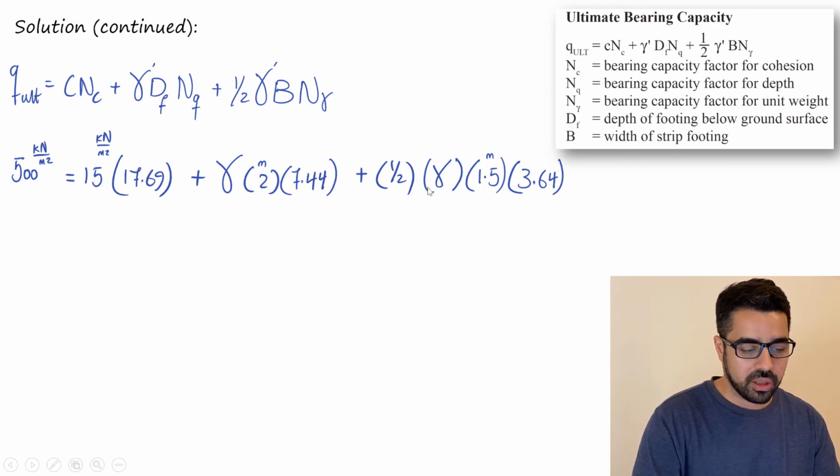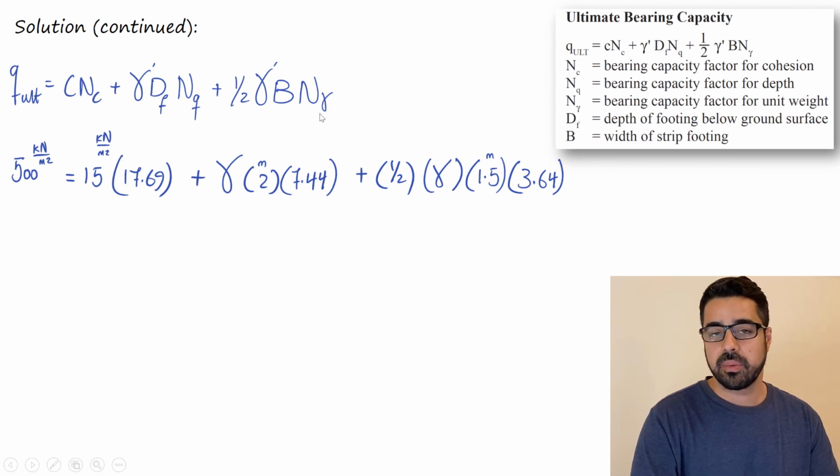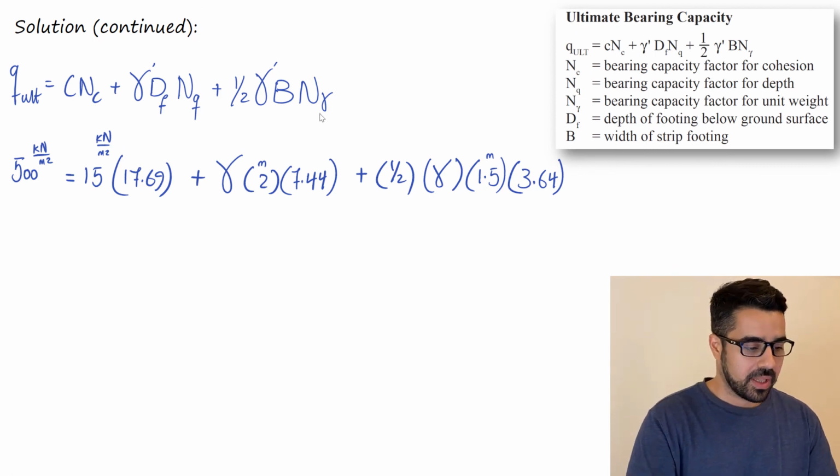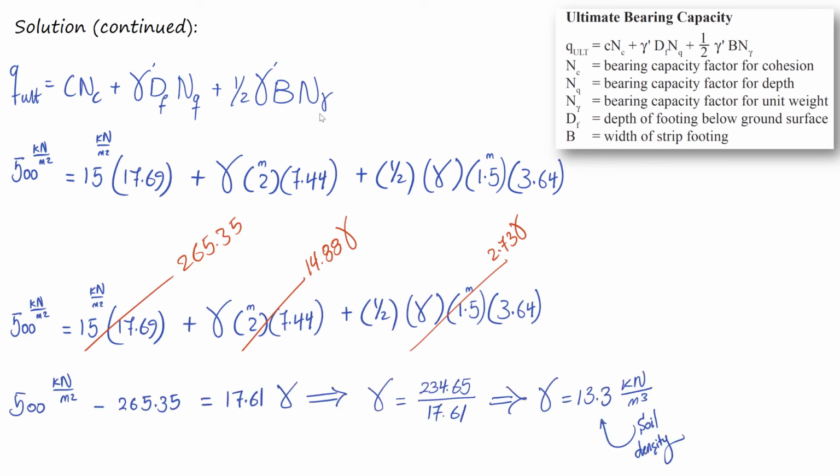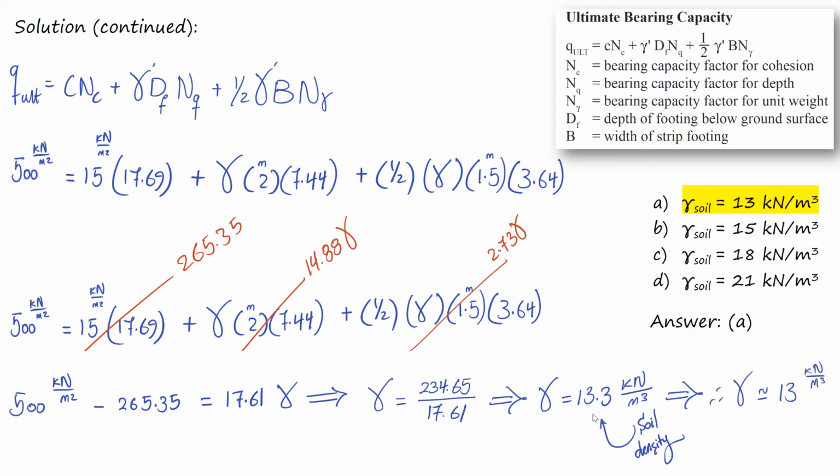Half is from the equation. Gamma is what we're looking for again. 1.5 is the width of the footing, and N gamma is 3.64 from the table. So we do a little bit of mathematics, and we get a gamma of 13.3, which is almost 13, so that gives us option A.